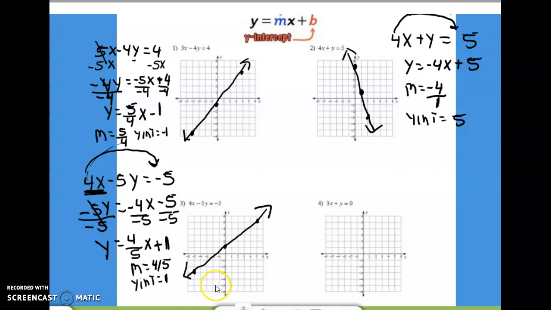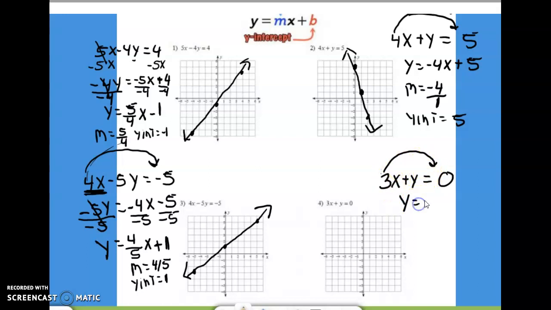All right, the last one. So I have 3x plus y equals 0. So again, I call this kind of the simple way. I'm going to move this over. Again, it's positive, so what does it become?